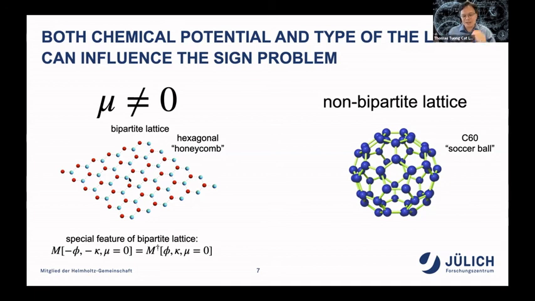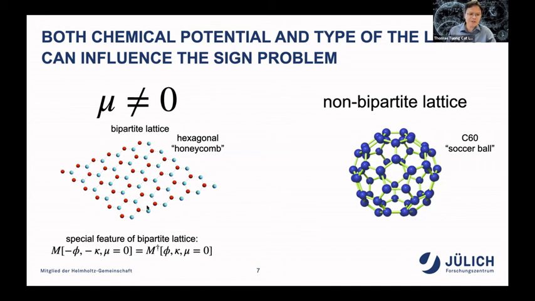The standard square lattice is bipartite. What we use in Lattice QCD is bipartite. Something that's very interesting in condensed matter is the Honeycomb lattice. It is also bipartite, and the Honeycomb lattice has many interesting applications, for example, graphene and so forth.